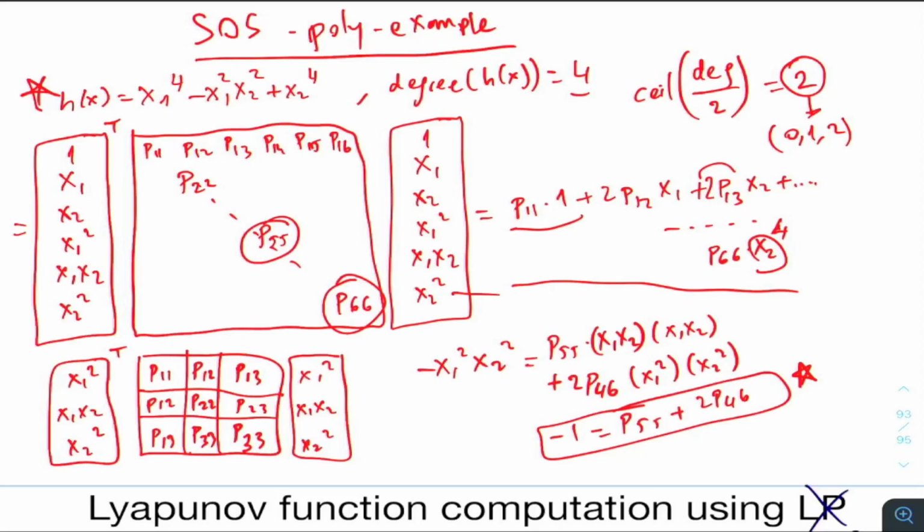The coefficient 1 times x1 to the 4, right? And looking at this, please pay attention, because it's really easy to make a mistake.